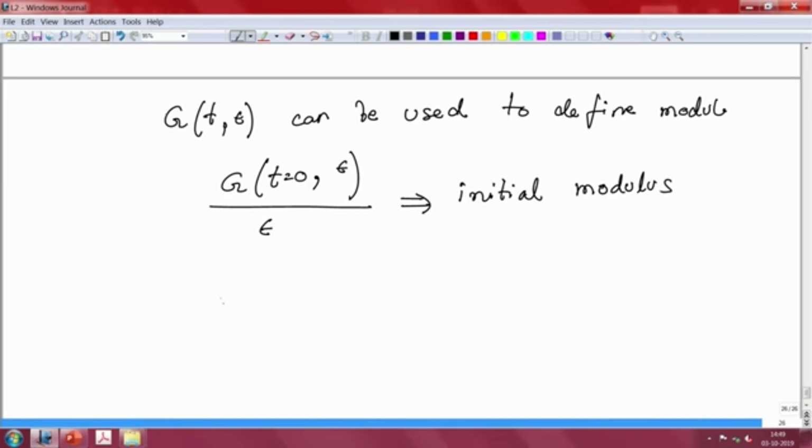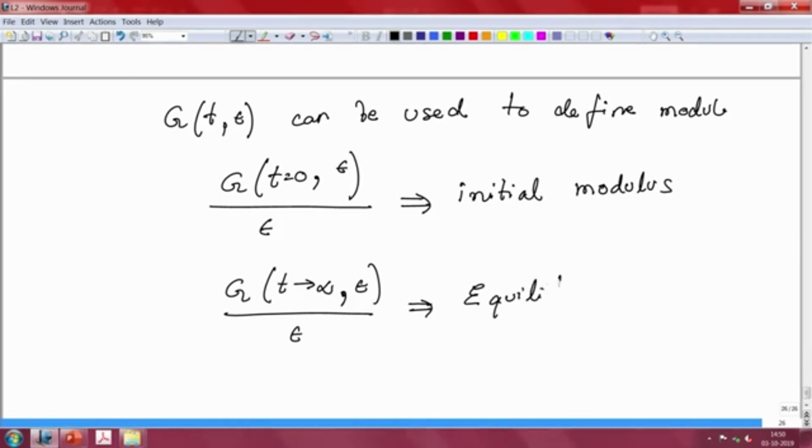Or you can even define another modulus where this t is tending to infinity, and this is also called the equilibrium modulus.